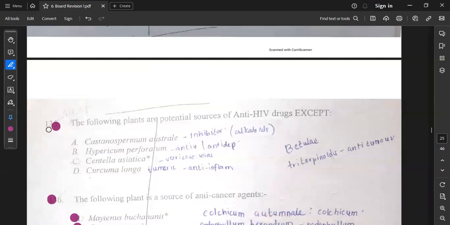Hypericum perforatum is used as an antidepressant, I think. Centella asiatica.